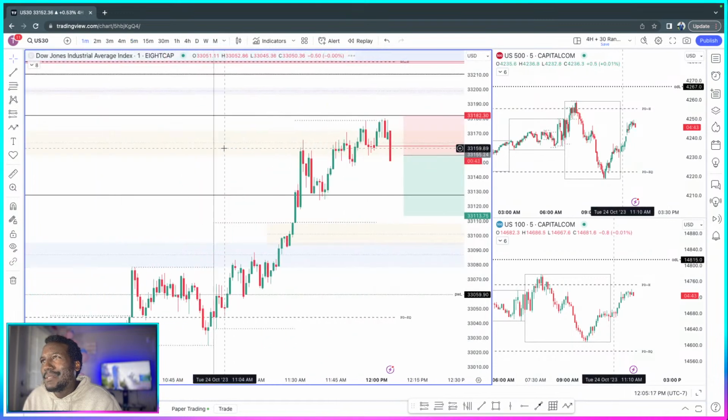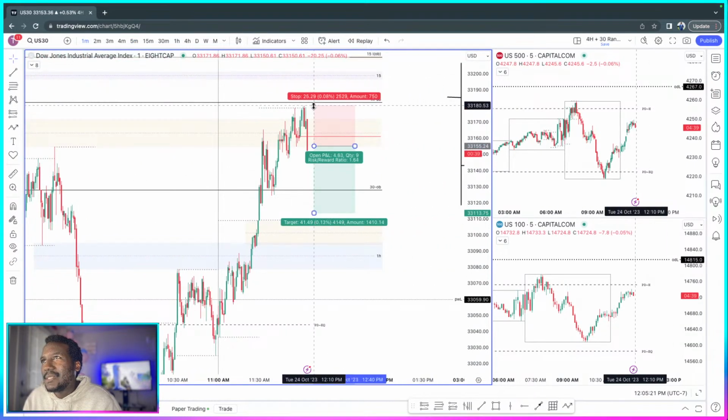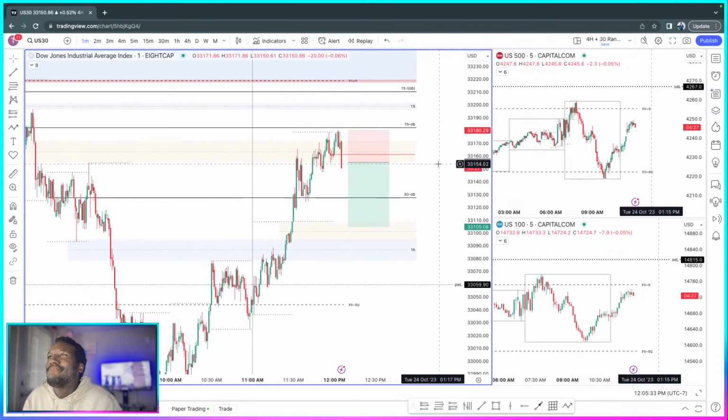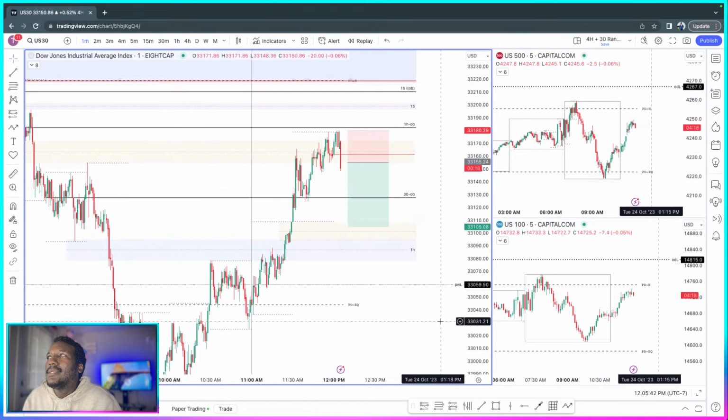I'm not sure, but that right there should be an entry with my stop loss just above this candle right here. And if that thing does 1:2, I'm going to pinch myself. Actually, I'm not going to. That could be the beginning of the beginning, and it can work its way down and down.